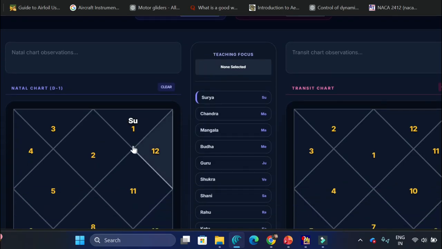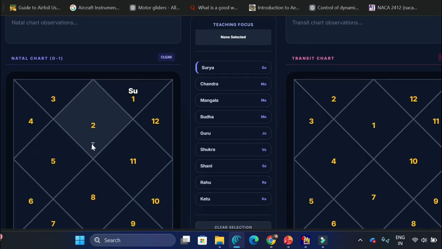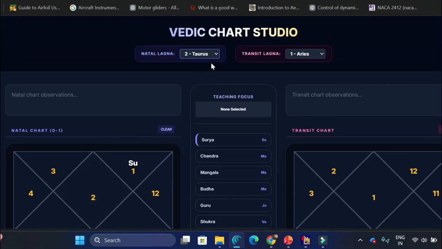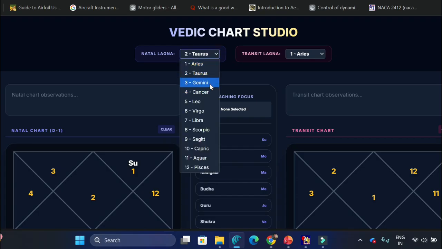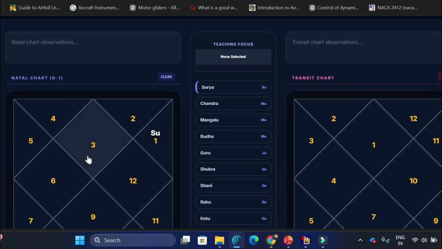For someone who is born after 8:30, the ascendant would be Taurus. Is this clear to you? Yes, got it. Now someone who is born around 10:30 or so, that person's ascendant would be Gemini.